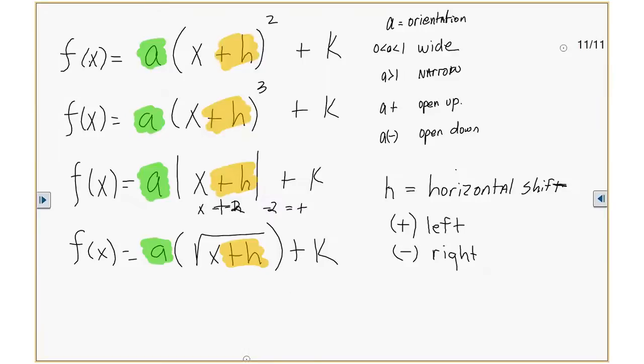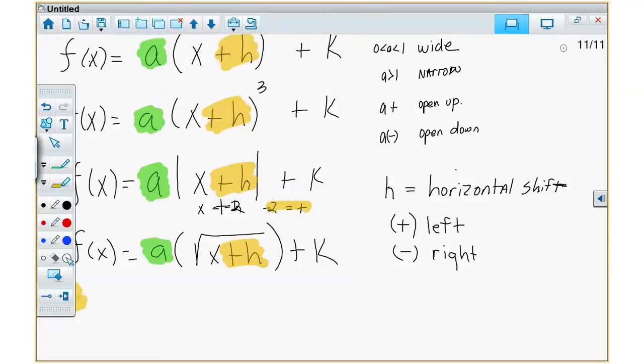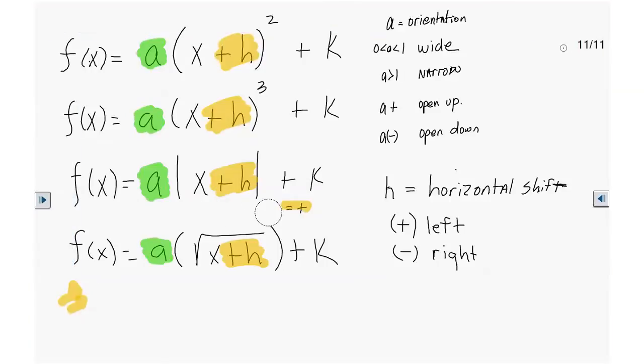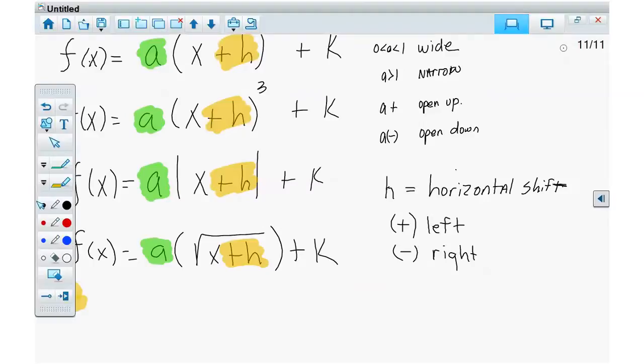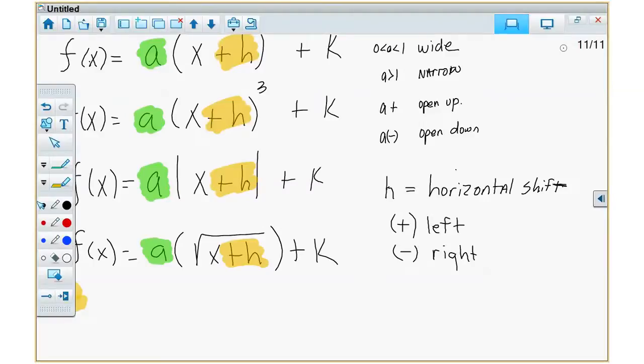Positive. That's why it's the opposite. And I'm not going into it no further than that. I'm just giving you an explanation of why it's opposite. So just take my word for it. I promise you, if you just take my word for it, it will be much easier than trying to understand. Okay, so this is the only time that H is the opposite.